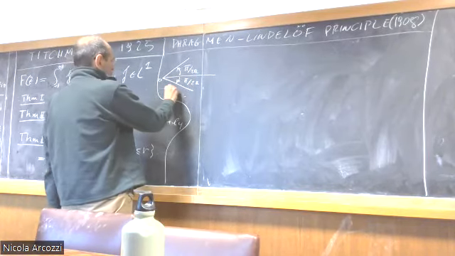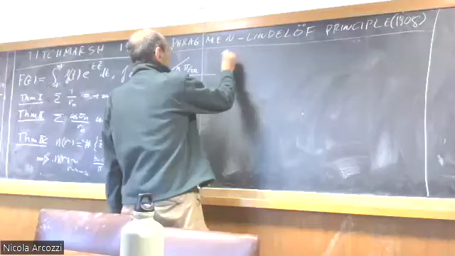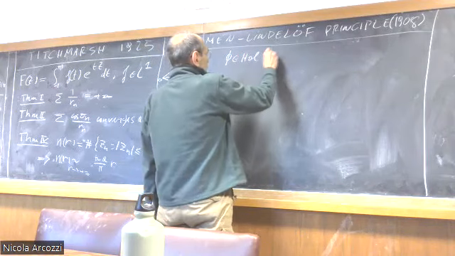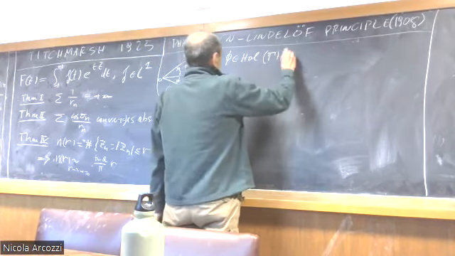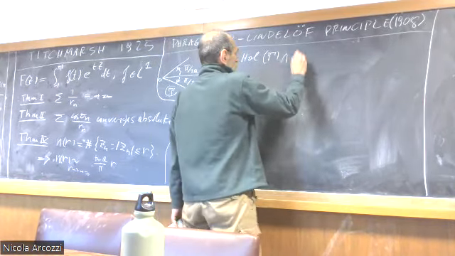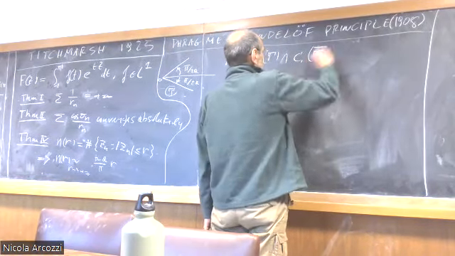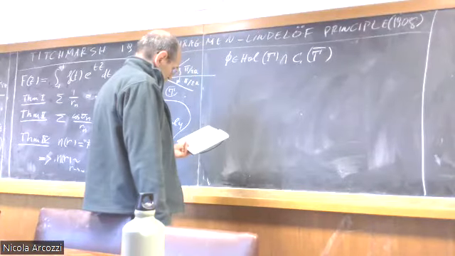Let's call it T. Suppose that phi is holomorphic in T, continuous up to the closure.